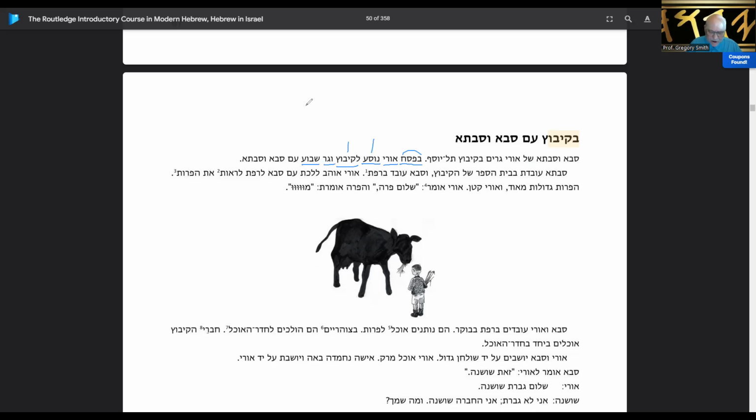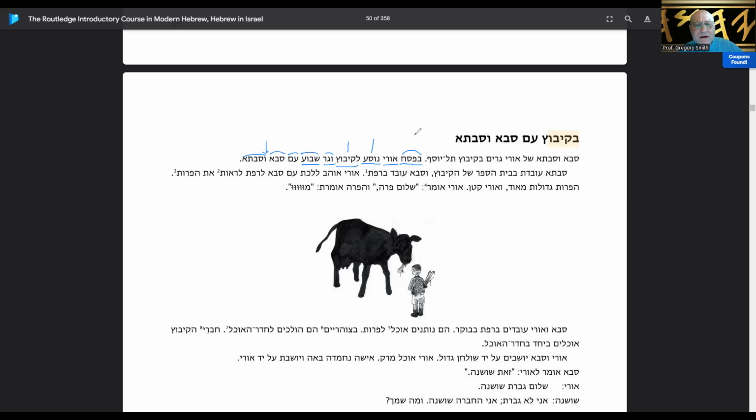Yeah, he dwells and he lives a week. V'gar Shavua, im, with Sava v'savabta. וגר שבוע עם סבה וסבתא. Yeah, v'savta. So this is not a shuruk here, it's just a vet. Gar Shavua im Sava v'savabta.